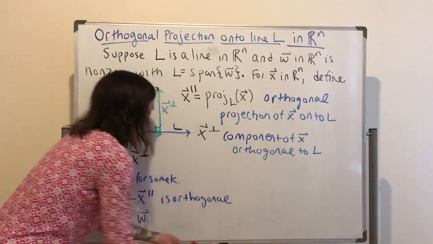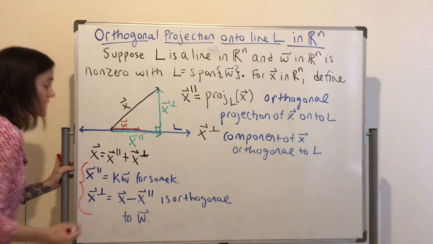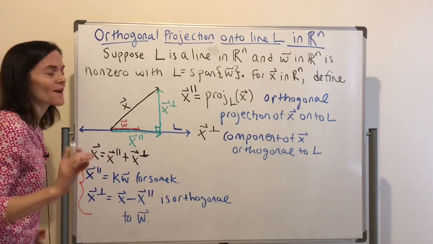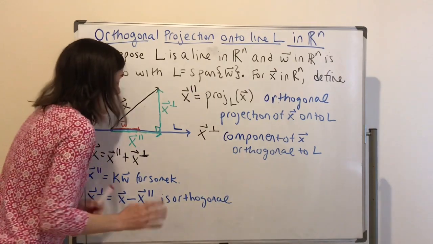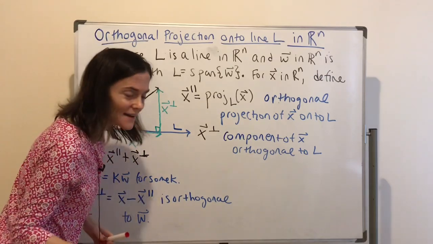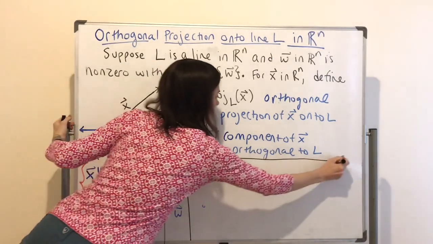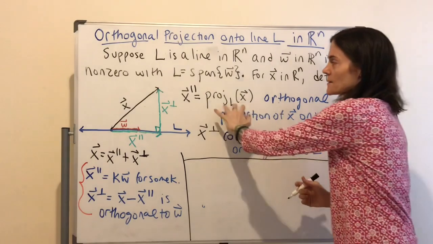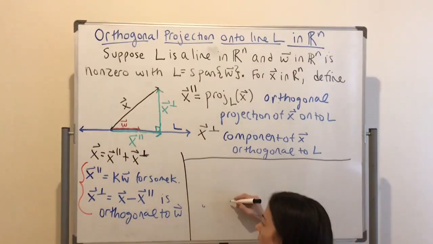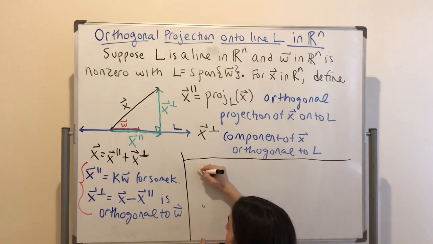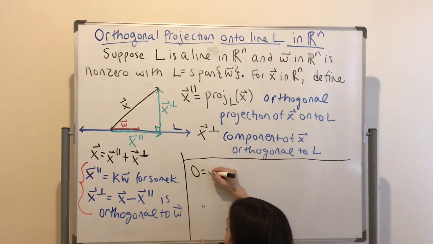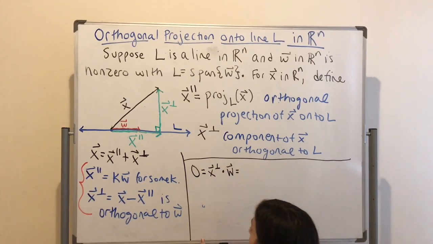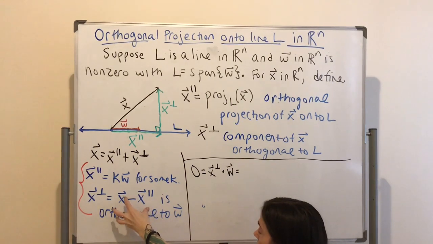Okay, so what am I going to do to find k? All I'm going to use is these two facts, and this will allow me to solve for k, and then I will have a formula for the orthogonal projection. I'm going to use these two facts and properties of the dot product. And I'll use this space to find the constant k. Well, let's start here. I know that 0 must be equal to this dotted with w. This is this statement written as an equation.